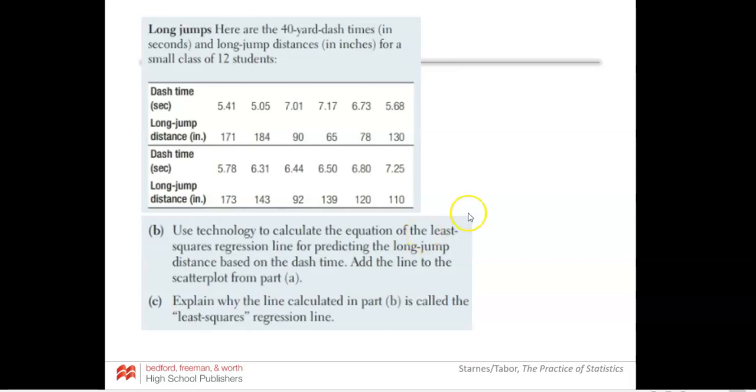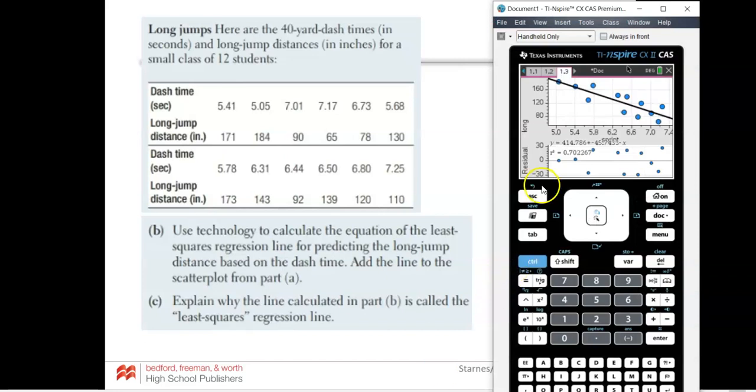So again, we did this a few minutes ago. We didn't write our answer in the proper form. So if we were to write our answer here, I think if you can read that, that's our equation. Instead of y there, you would say y hat, which is our long jump distances. So you would say in parentheses, long jump distance with a hat over the top of it.